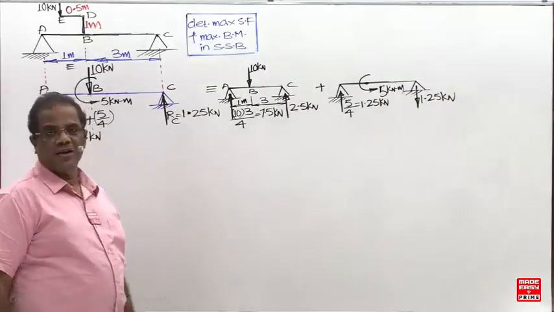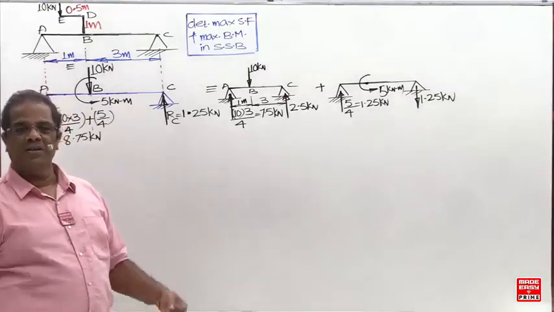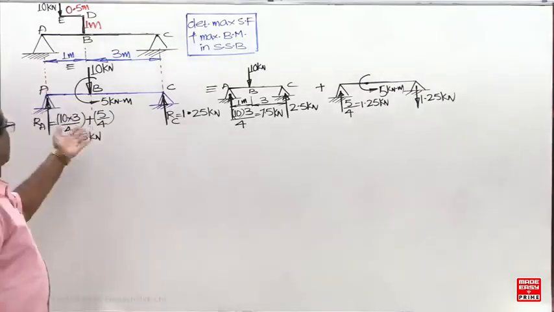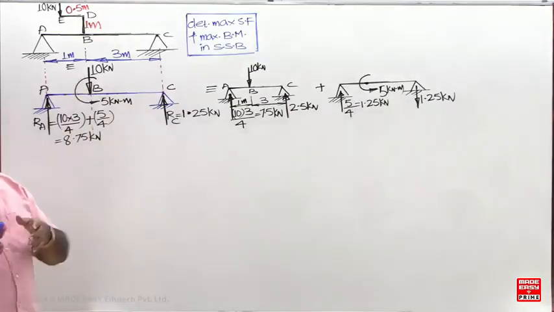So this method you can use. Otherwise, you can use sigma V equal to 0, sigma M equal to 0, which is always valid. Now, what is the shape of the SFD and BMD? The SFD consists of 3 vertical lines, and the BMD consists of 1 vertical line.